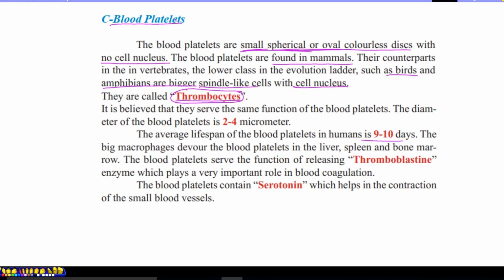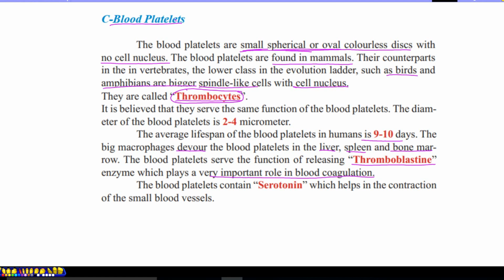The big macrophages devour, or phagocytose, the blood platelets in the liver, spleen, and bone marrow, the same locations we discussed for red blood cells. Blood platelets serve the function of releasing thromboplastin enzyme, which plays a very important role in blood coagulation, or blood clotting.